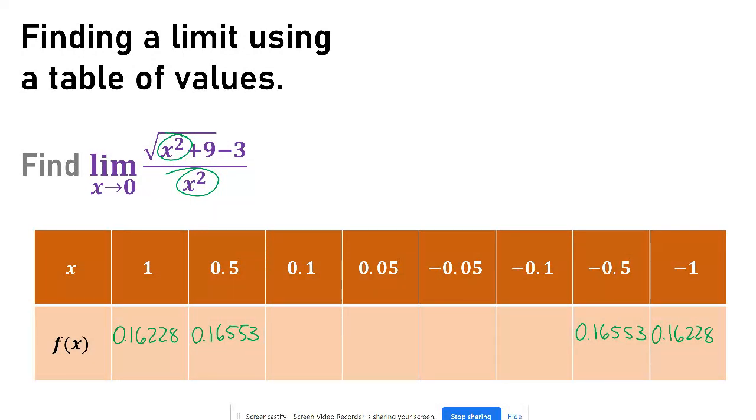So I'm going to plug in 0.1 this time. And when I do that, I get 0.16662. All right, so now it gets bigger again, but it gets bigger by a much smaller amount.